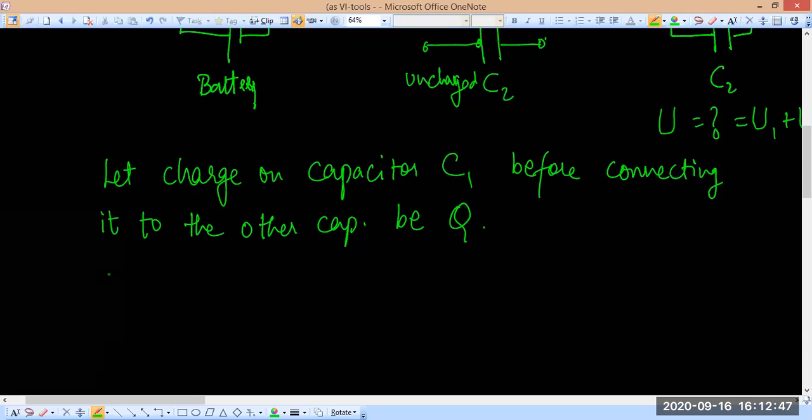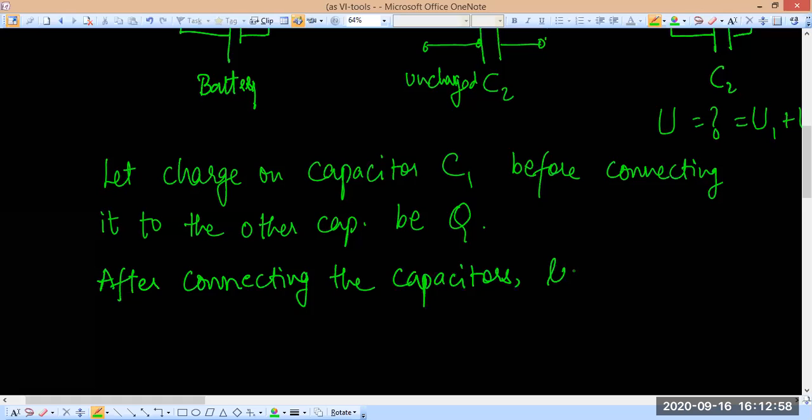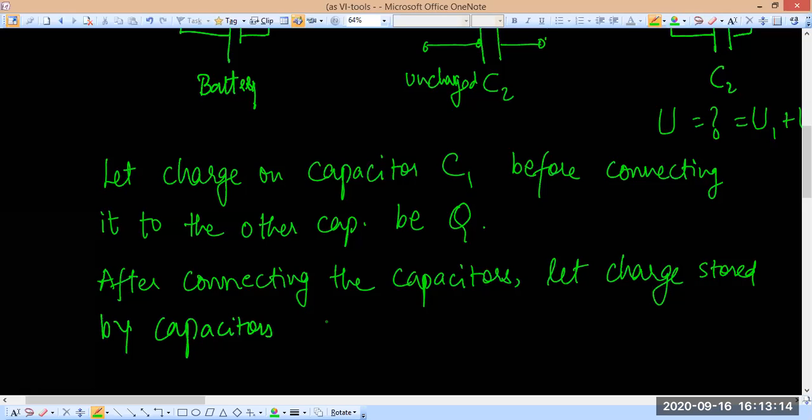So you could write, after connecting the capacitors, let the charge stored by the capacitors be Q1 and Q2 respectively. You can use any symbols as you like.